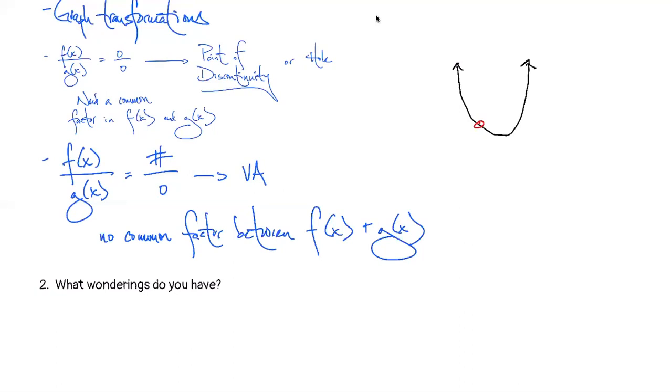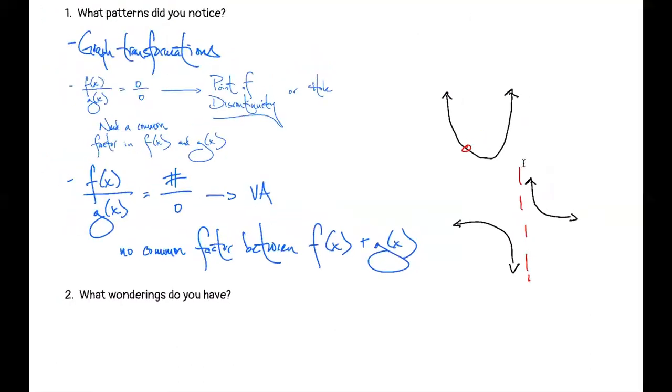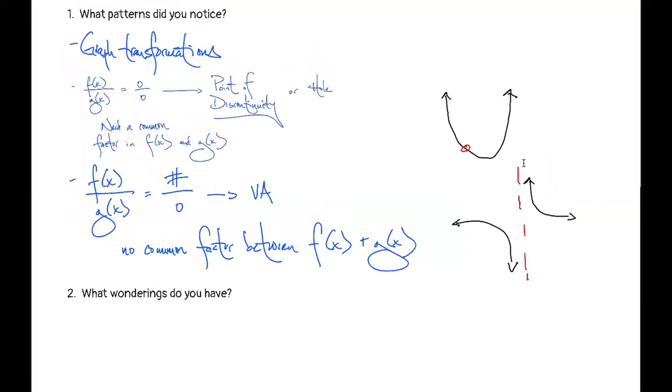But I think there was also another graph earlier that they asked you to sketch, and you got something kind of like this. And that one has not a hole, but a vertical asymptote between our two branches, okay? Any other patterns that you noticed or questions that you have?